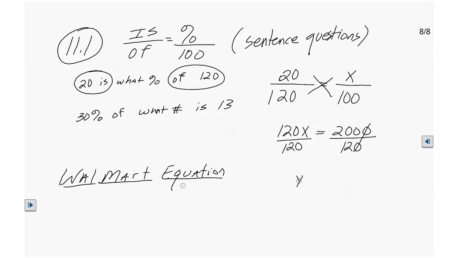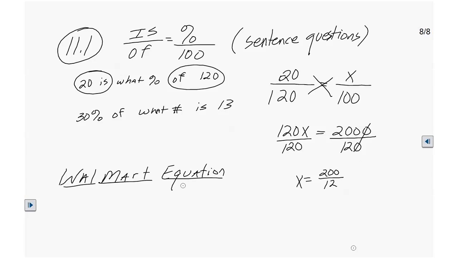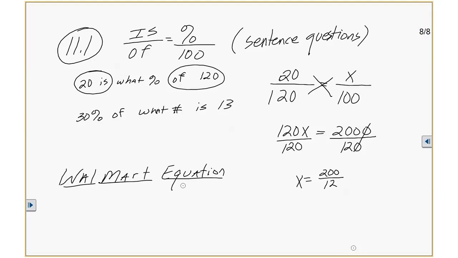And X is equal to 200 divided by 12, but you can reduce that down a little bit. 100 over 6?